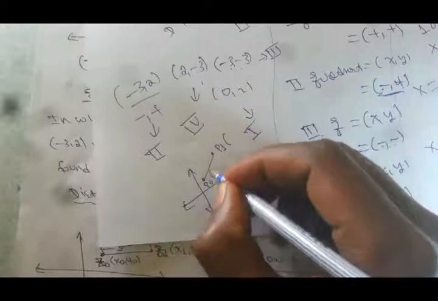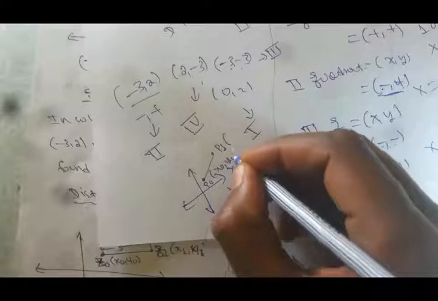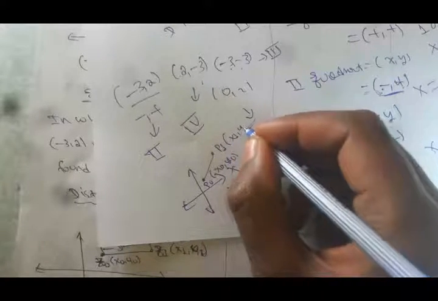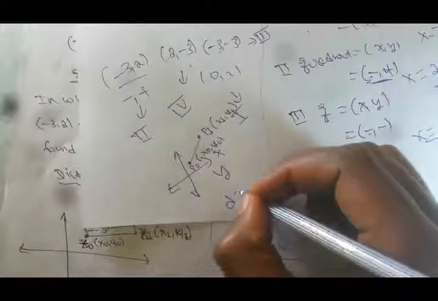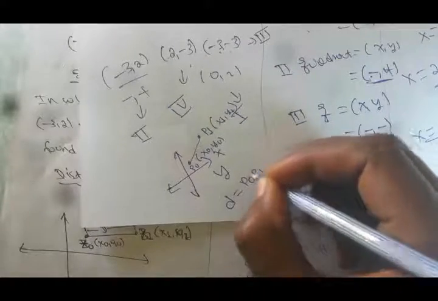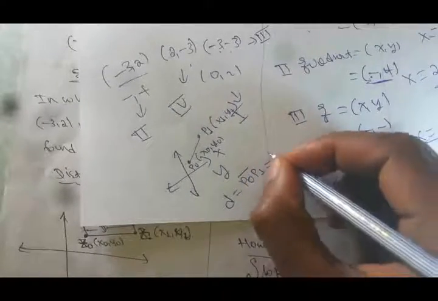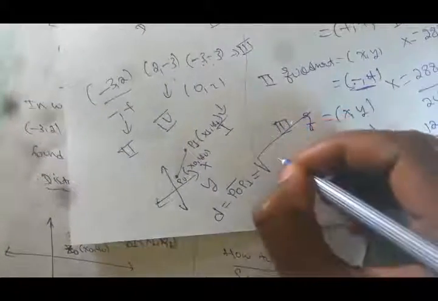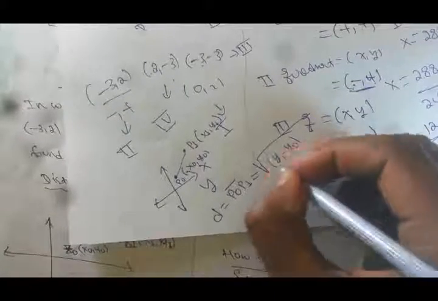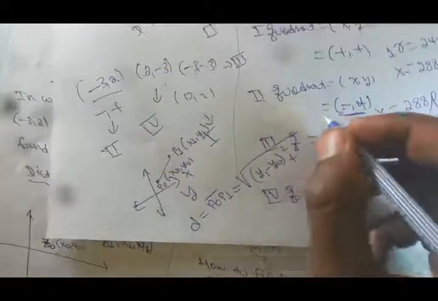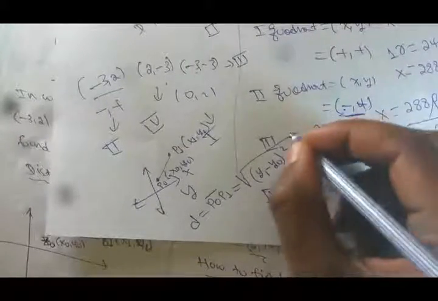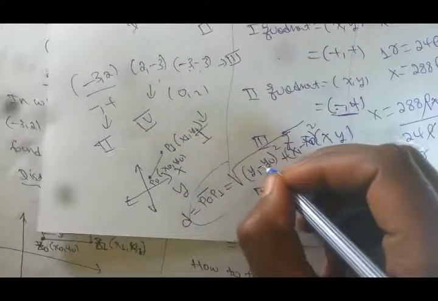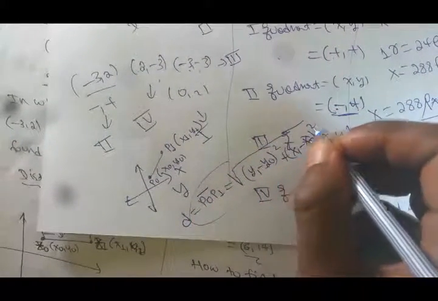P0 and P1 have their own X0, Y0 and X1, Y1, and we are asked to find the distance between P0 and P1. The distance D is equal to the square root of Y1 minus Y0 the whole square plus X1 minus X0 the whole square. Therefore, this is the distance formula.